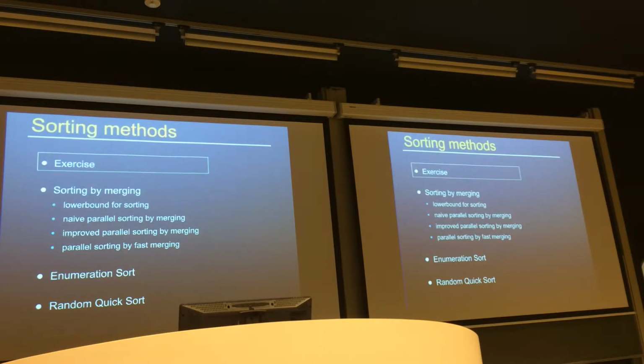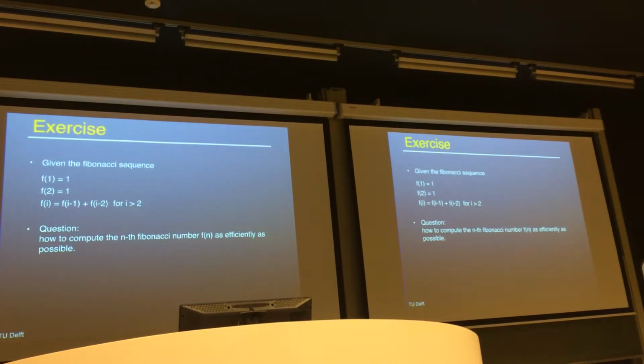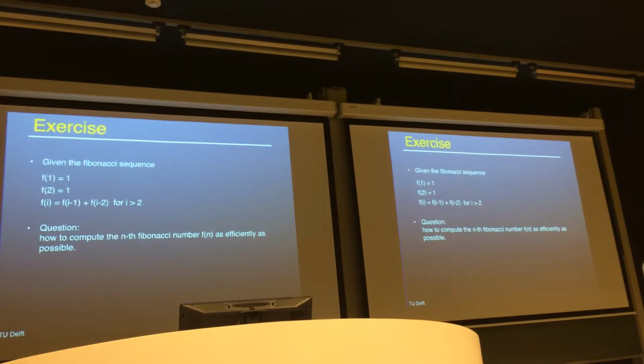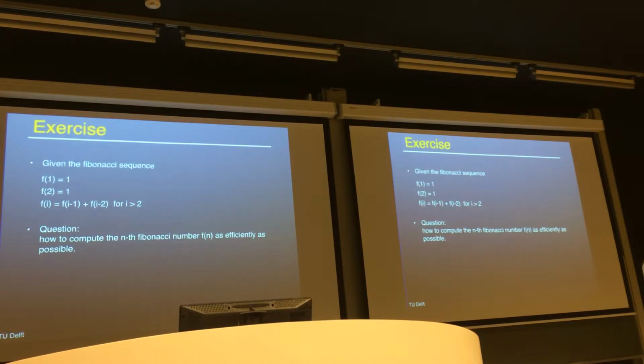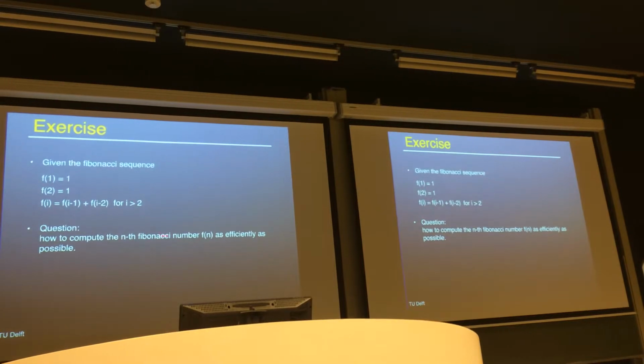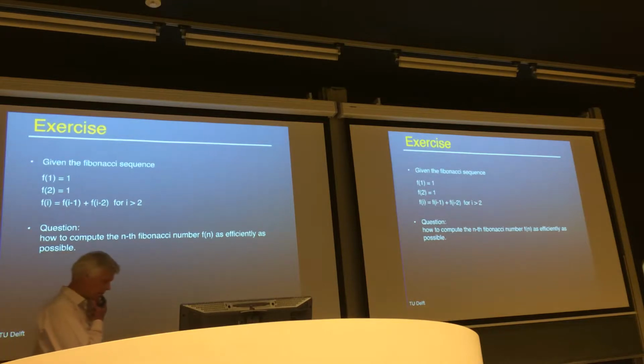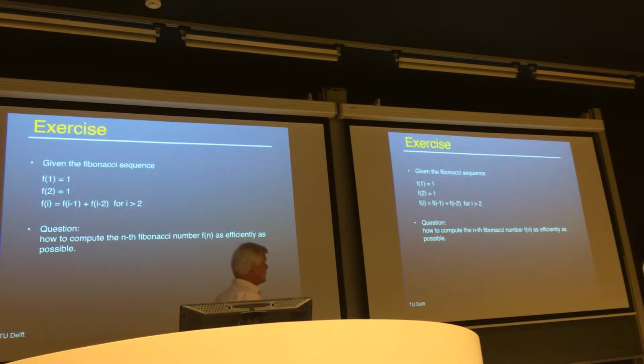So let's start with our exercise, which was solving the Fibonacci sequence: f1 equals 1, f2 equals 1, fi equals fi minus 1 plus fi minus 2 for i larger than 2. You would like to have an algorithm that computes the nth Fibonacci number fn as efficiently as possible. There are several algorithms for it.